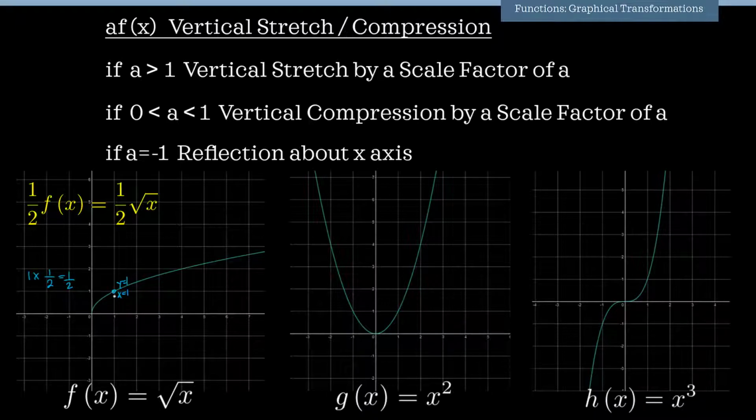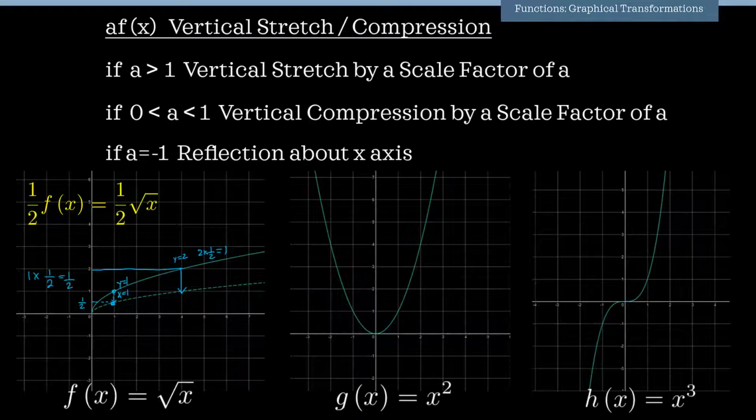So 1 times 1 upon 2 is 1 upon 2. So the y value of this point is going to decrease. This point is going to move over here, where the y coordinate is now 1 upon 2. The x coordinate is going to remain the same. Similarly, for all the points, I am going to multiply each y coordinate by 1 upon 2. So after this transformation, my graph is going to look like this.